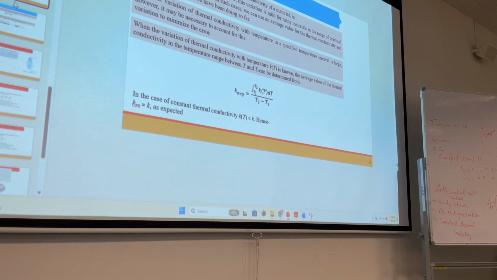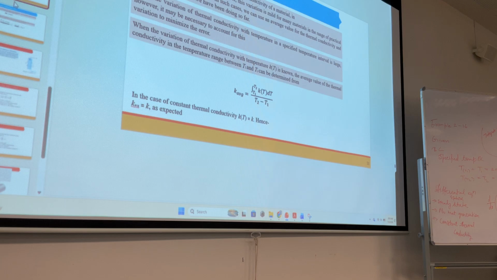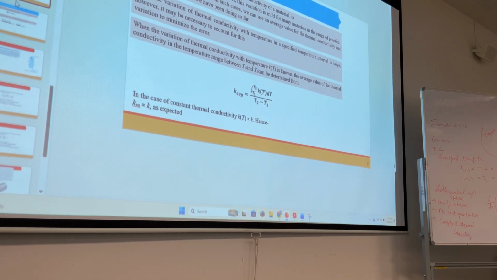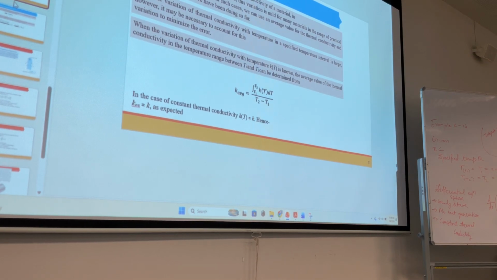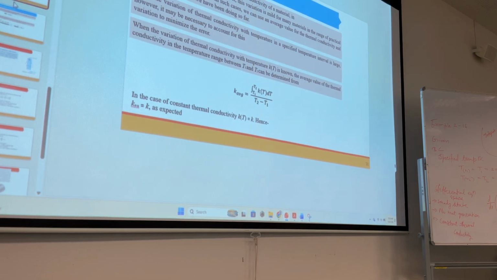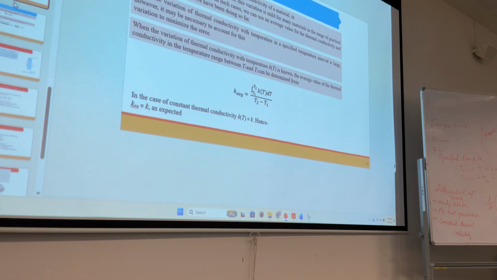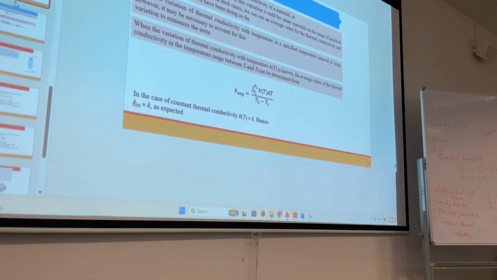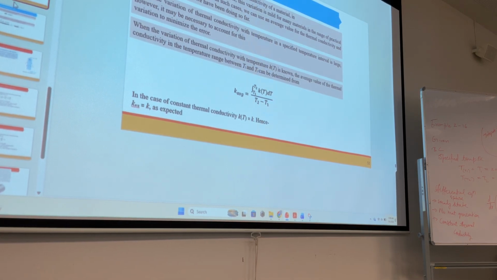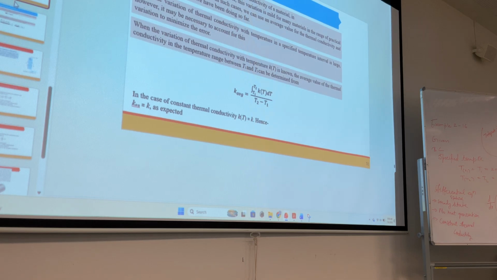So variable thermal conductivity is also a real life fact. It can be variable, but again there has to be a significant temperature change. So most of the time you will see constant thermal conductivity only in your numericals, and also in real life when you are simulating something or solving a heat transfer, most of the time you consider constant thermal conductivity.